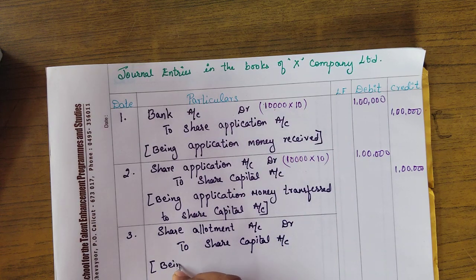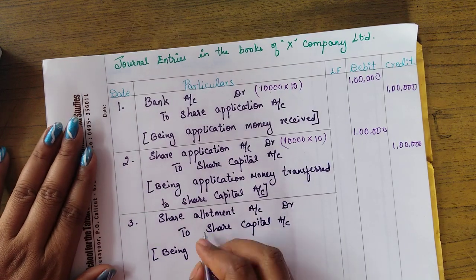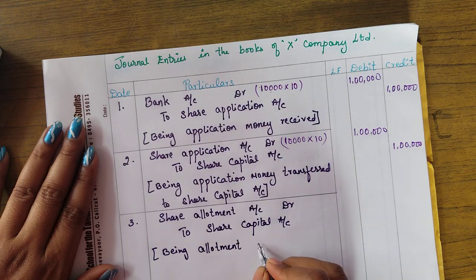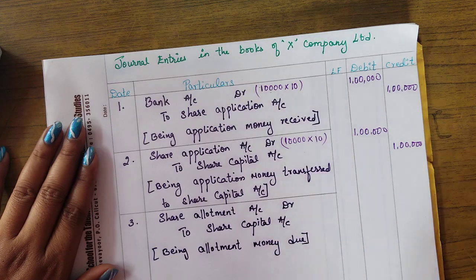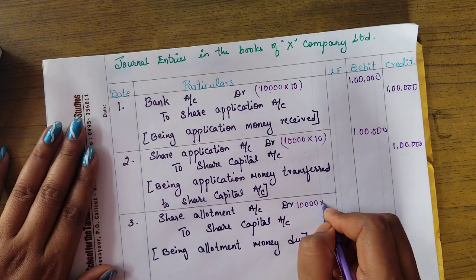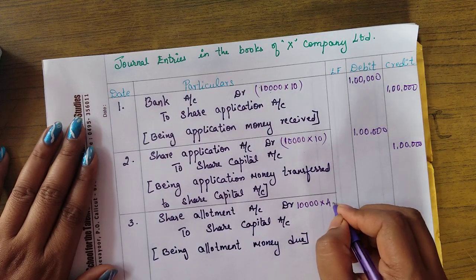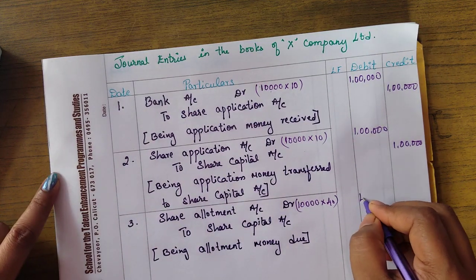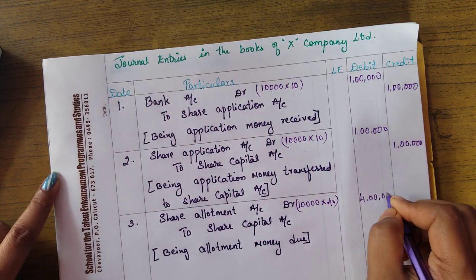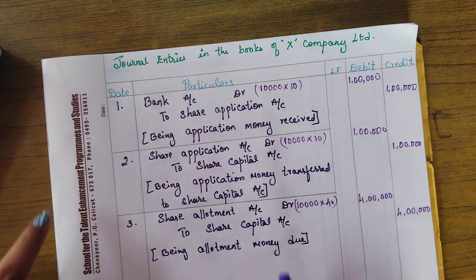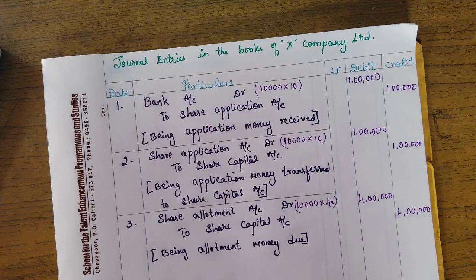Narration: being allotment money due. We have not yet received it, so that is due. So 10,000 shares into the allotment price of 40 rupees, 10,000 into 40 rupees, comes to 4 lakhs. So this is allotment money due.